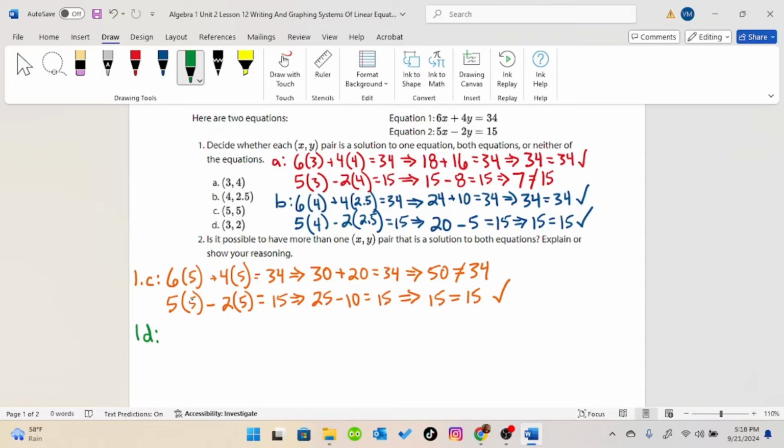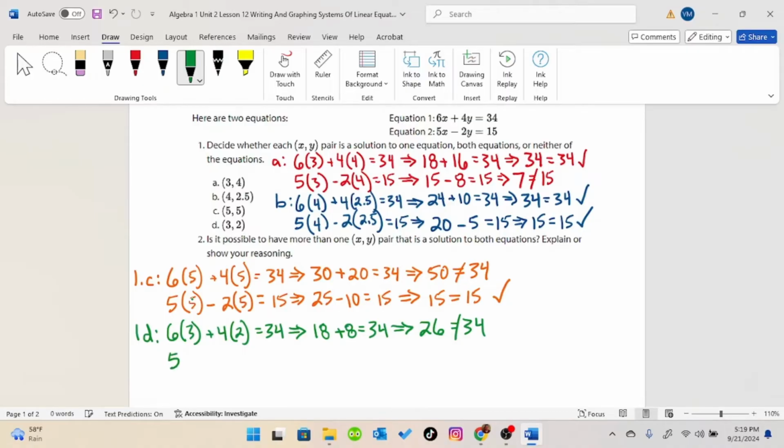And finally, D. We have 6 times 3 plus 4 times 2 needs to equal 34. 6 times 3 is 18. 4 times 2 is 8. 18 plus 8 is 26. 26 does not equal 34, so D does not solve equation 1.